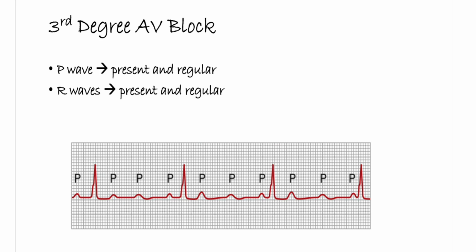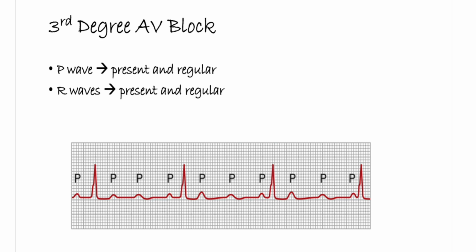Sometimes the R wave can also superimpose on the P wave. That can be the case in some patients, so you need to be careful. But you can check the RR intervals here. The RR intervals are constant. So R waves are completely regular here. That's the most important differentiating point in order to recognize the third degree AV block.